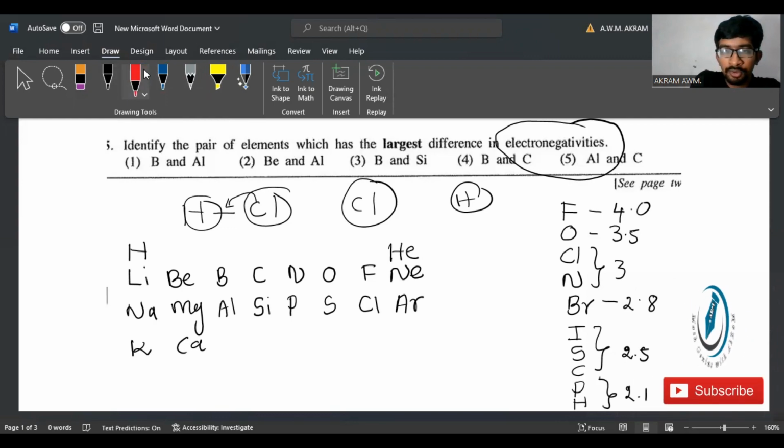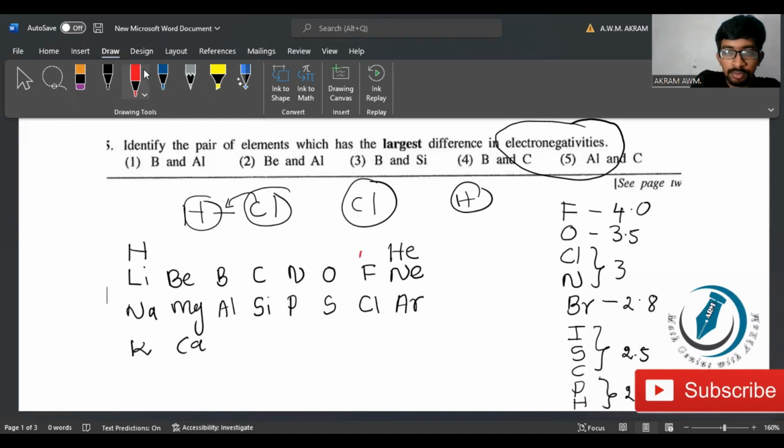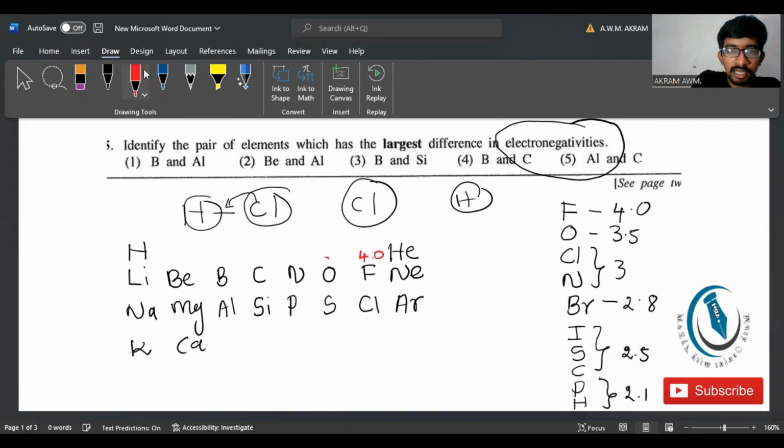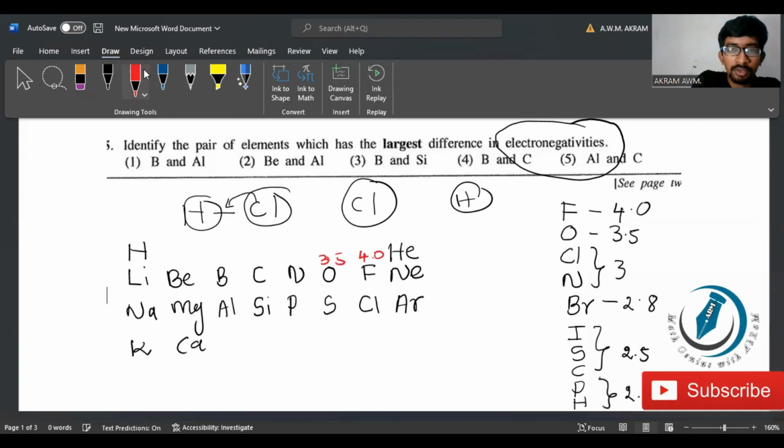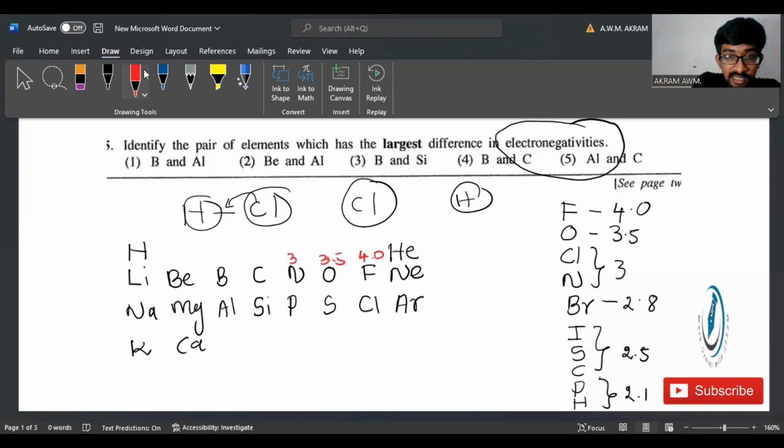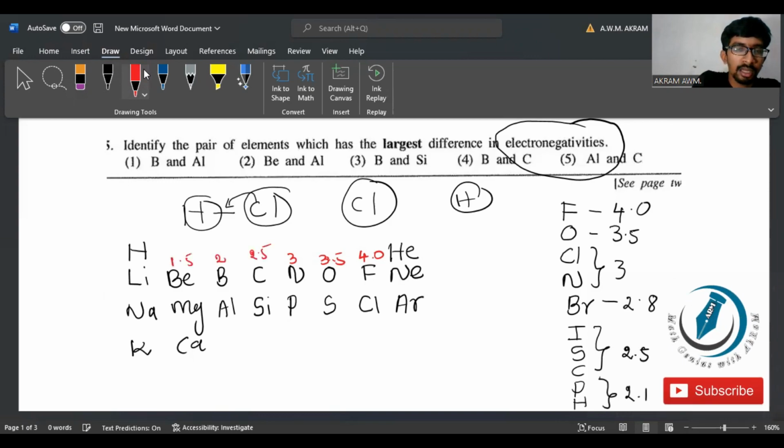Fluorine has 4.0, oxygen has 3.5, and nitrogen has 3. You can see the difference between these two elements is 0.5. Then carbon has 2.5, boron 2, beryllium 1.5, and helium 1.